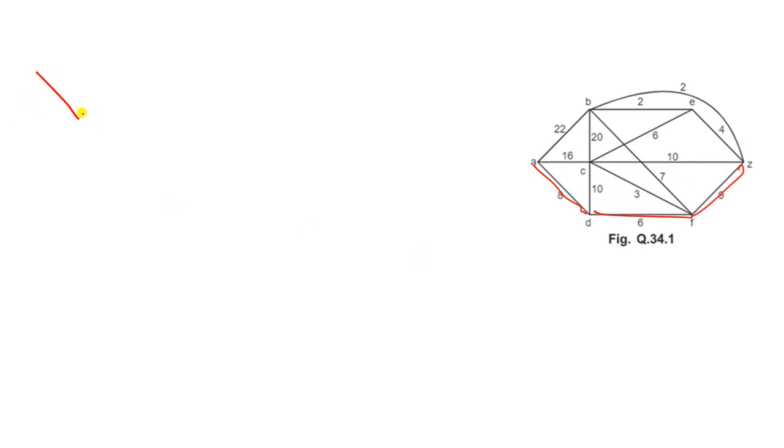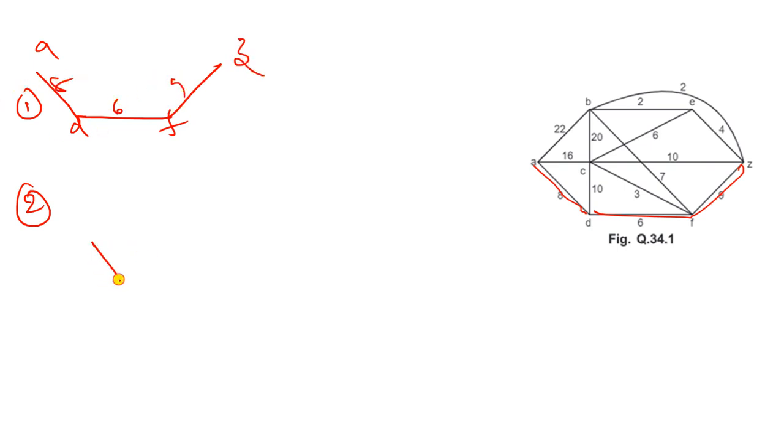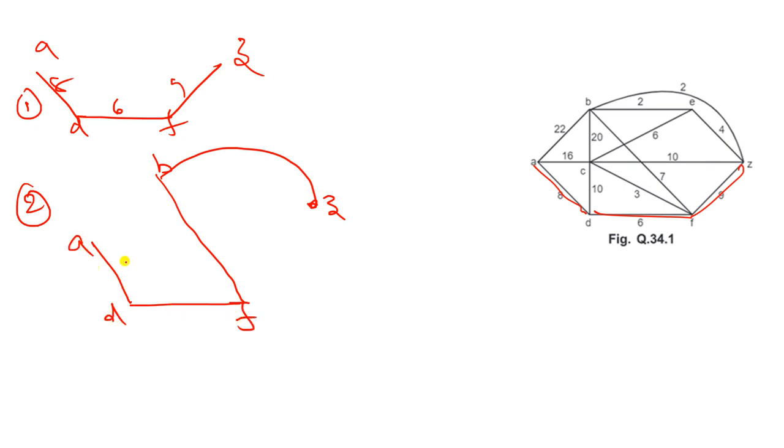So one shortest path will be this one, A, D, F, Z. Another path will be A to D, D to F, F to B, because for B we got 21, and then B to Z. So this is also another path we got here. A to D is 8, D to F is 6, and so on. Okay, so these are the two paths we got now.